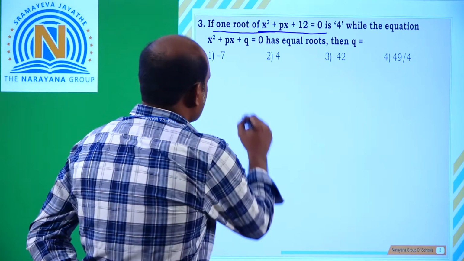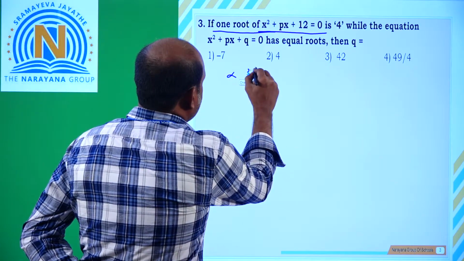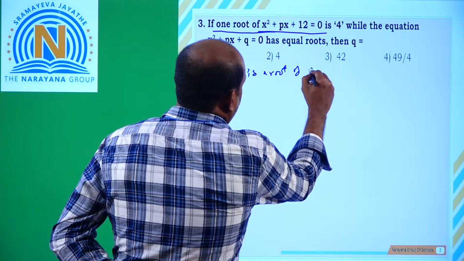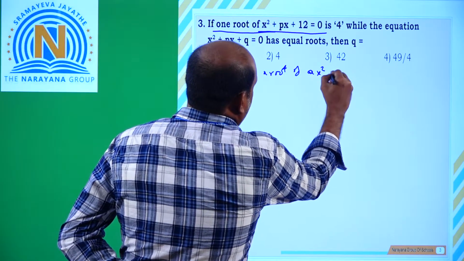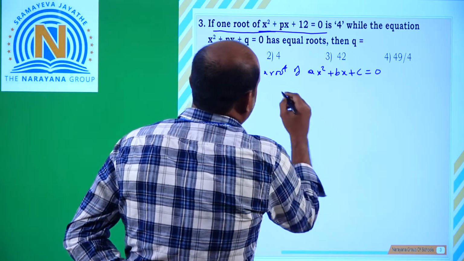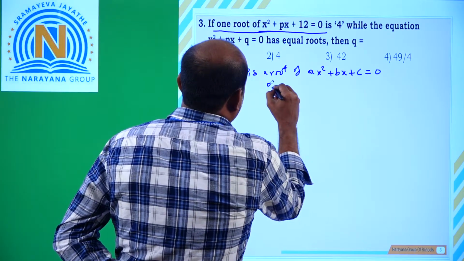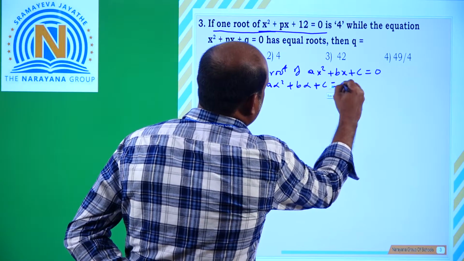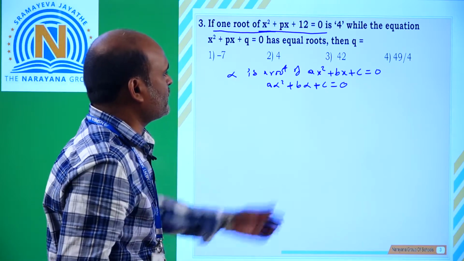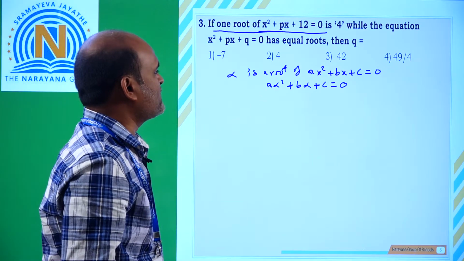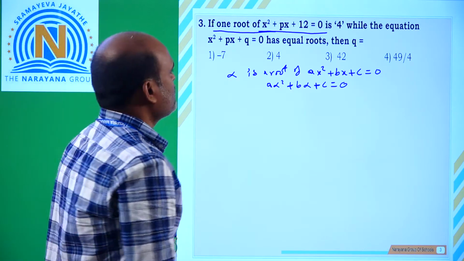If alpha is a root of ax square plus bx plus c is equal to 0, then a into alpha square plus b alpha plus c is equal to 0. We know that if alpha is a root of this quadratic equation, then the equation becomes a alpha square plus b alpha plus c is equal to 0.